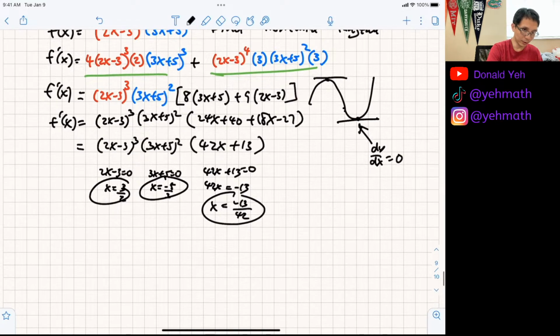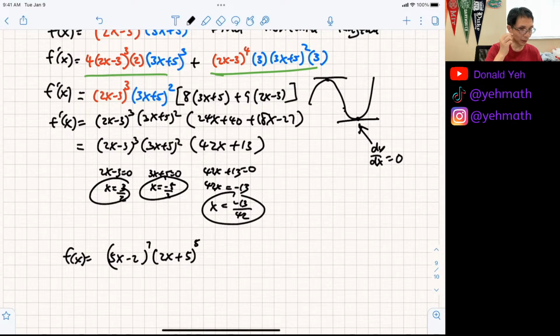Okay, so that's fine. I'm going to do f of x equal to, I'm just going to name a number, (5x minus 2) to the 7th power times (2x plus 5) to the 5th power.